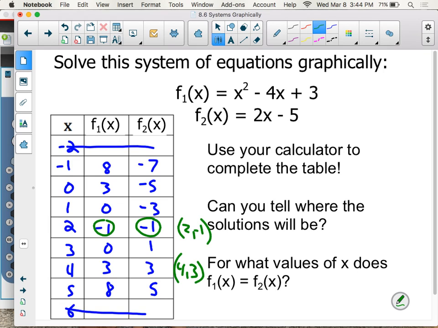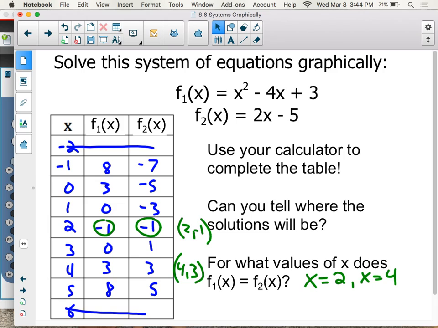Because that's where the y values are both 3. So for what values of x does function 1 equal function 2? Well, it equals it when we have x equals 2 and x equals 4. Those are the x values that make the y values equal, that makes the functions the same.